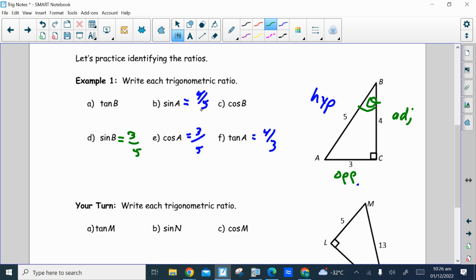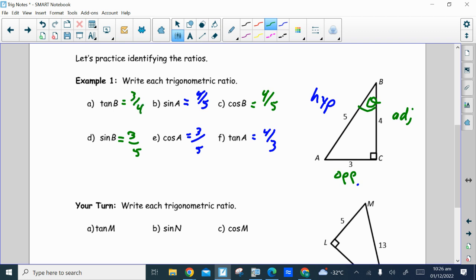Notice the sine of A was 4 over 5. It's different. The cosine of B, cosine is adjacent over hypotenuse, would be 4 over 5. Again, that's different than the cosine of A. Cosine of A was 3/5. The cosine of B is 4/5. And the tangent of B, opposite over adjacent, is 3 over 4.